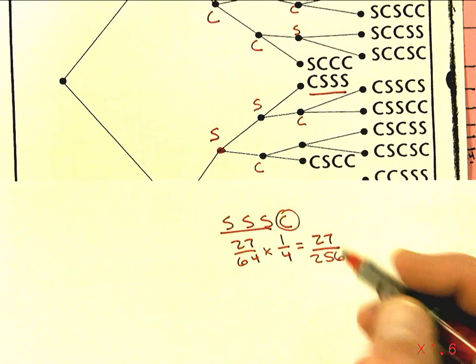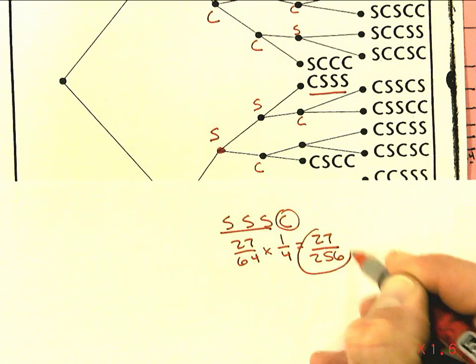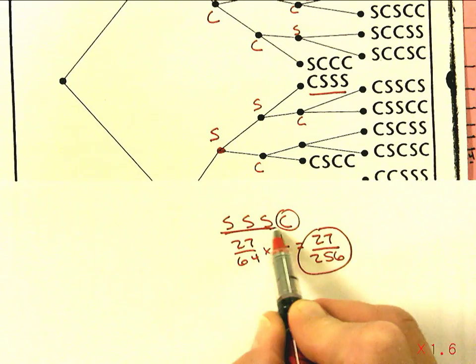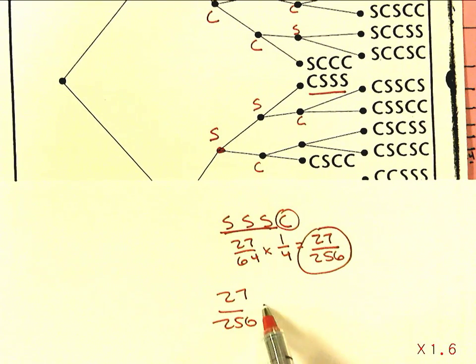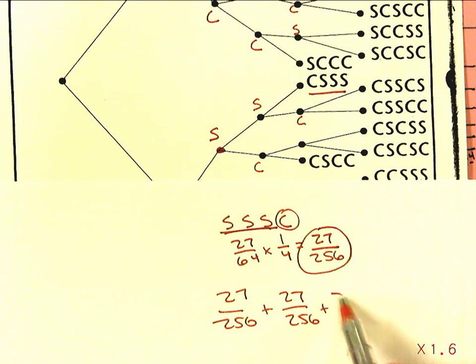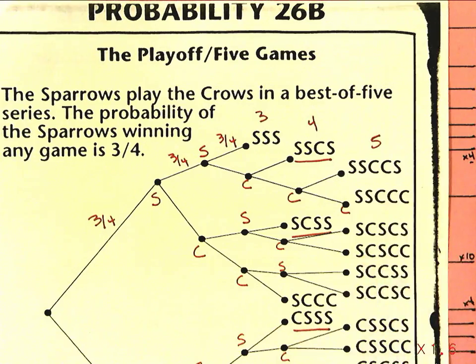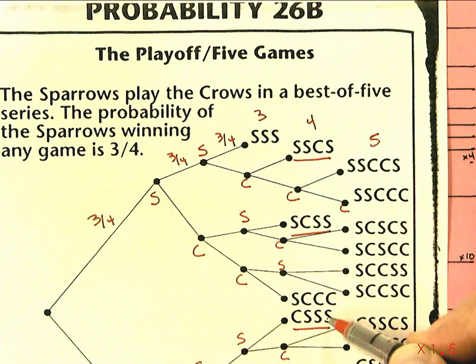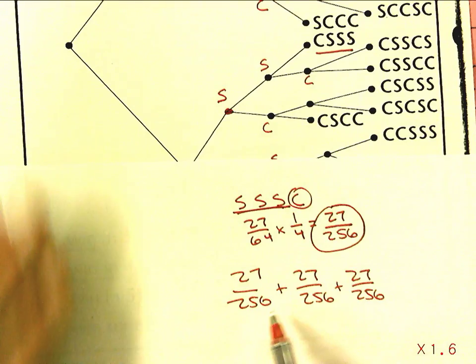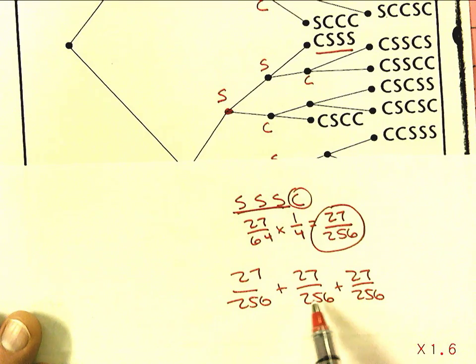Each one of these scenarios is 27 over 256, plus 27 over 256, plus 27 over 256, because there are three ways for this to happen: 1, 2, 3. Each one of them has a probability of 27 out of 256.